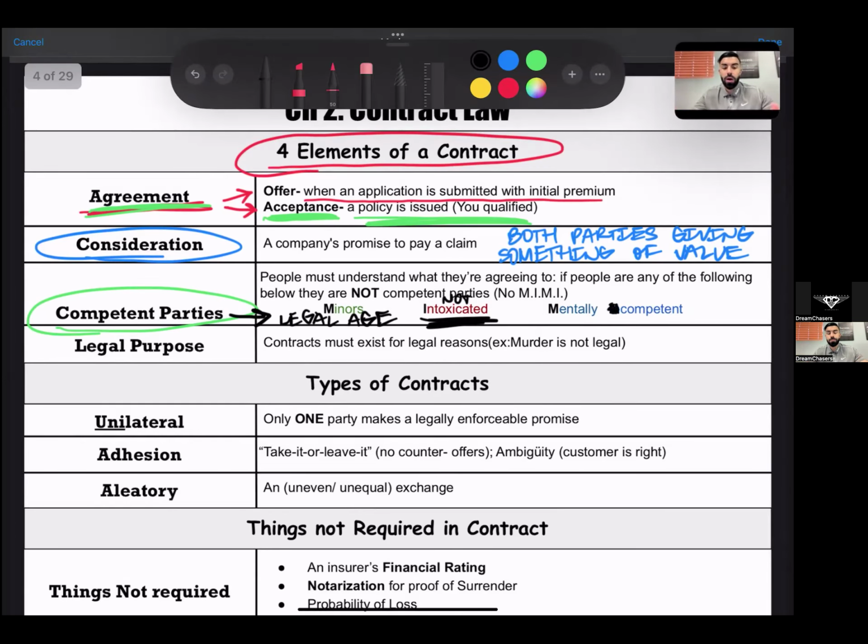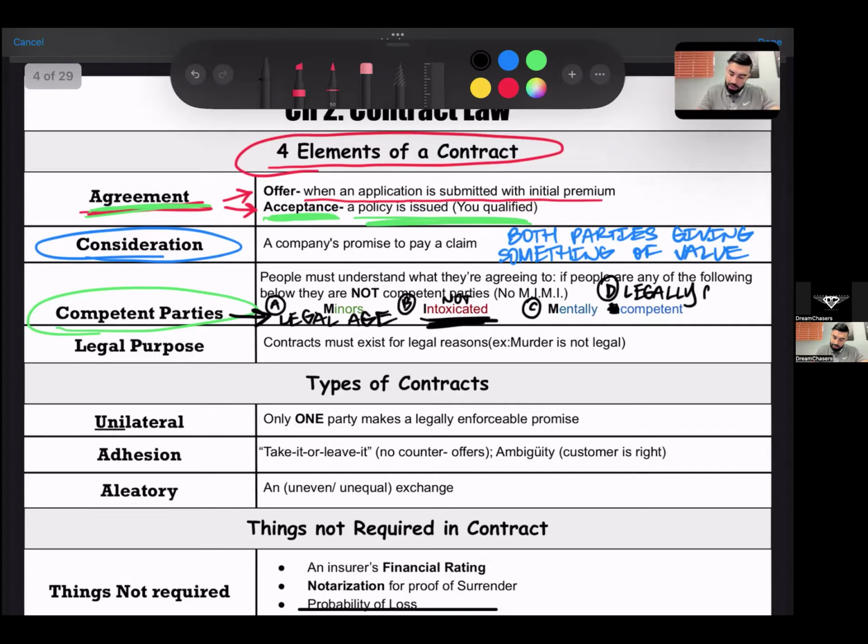On the test, you may get a question that says, all of the following are considered competent parties except: A, legal age, B, not under the influence of alcohol or drugs, C, mentally competent, or D, legally competent.